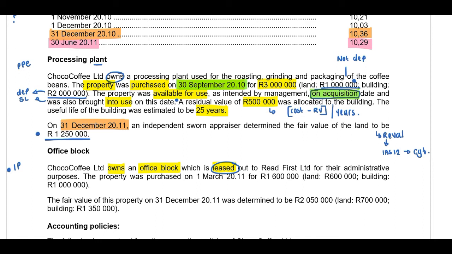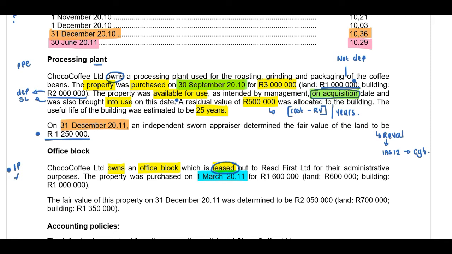For their administrative purposes, the property was purchased on 1 March 20.11 for 1.6 million. The land is 600,000 and the building 1 million. Immediately, what you need to be able to identify at initial recognition is what is our accounting policy.